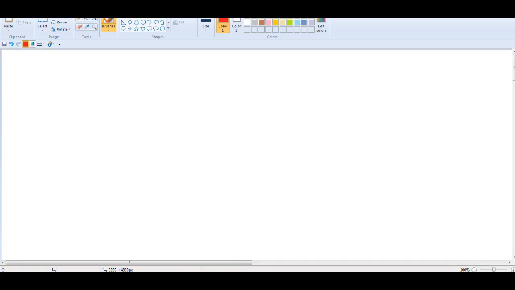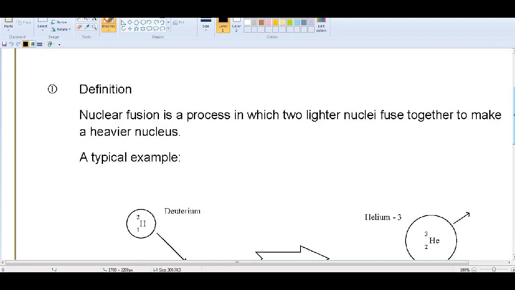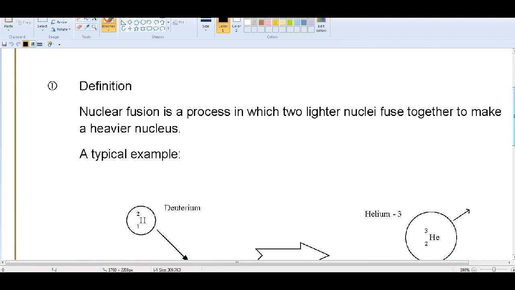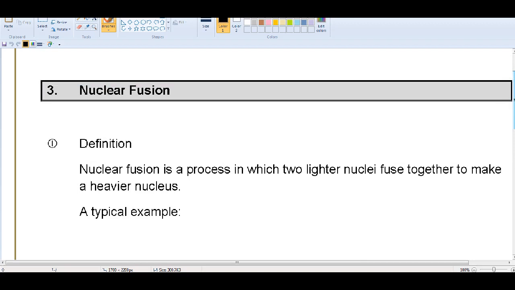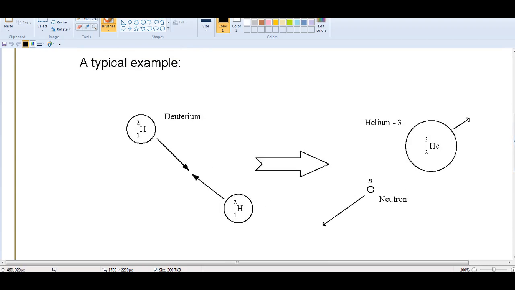Okay, so let's go to see another one, which is what we call nuclear fusion. Nuclear fusion means exactly the opposite process, where you see two lighter nuclei fuse together to form a heavier nucleus. Here's the example. I have two hydrogen-2. Normally hydrogen is hydrogen-1, but there is an isotope we call deuterium. Deuterium is hydrogen-2.